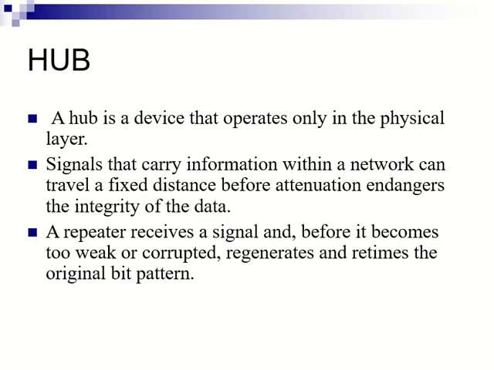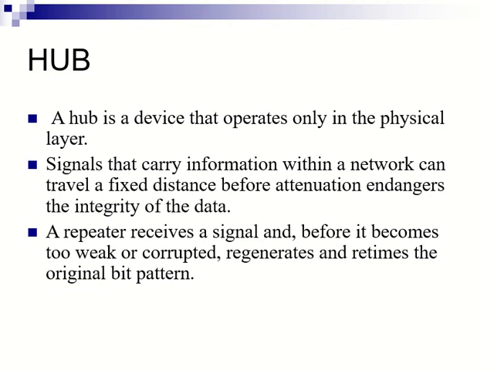First we'll see about hubs and repeaters. A hub is a device which can operate only in the physical layer. Signals which carry information can travel a fixed distance and then the signal will get attenuated.